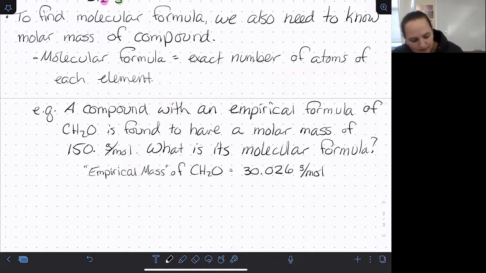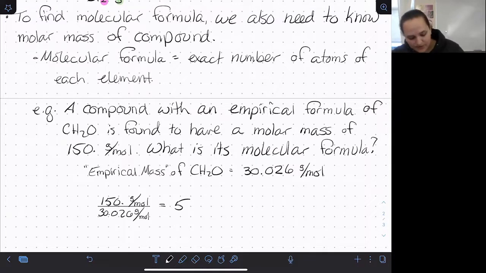So if we take the molar mass, which we were given as 150, and divide that by the quote-unquote empirical mass, the mass of the empirical formula, we get something really, really close to 5. It comes out to like 4.9999 or something.